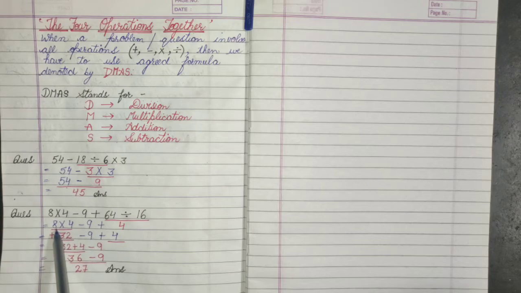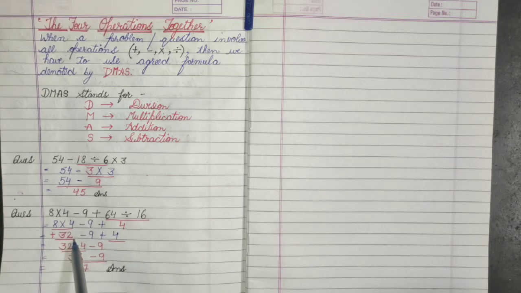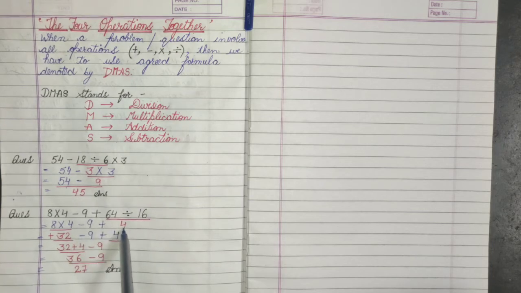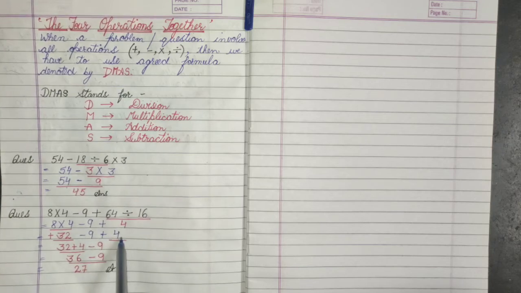Who will tell? 8 fours are 32. So instead of writing 8 multiply 4, I have underlined them and written directly their answer, that is 32. And you remember, always the rest of the numbers and signs we will copy. See here, minus 9 plus 4.